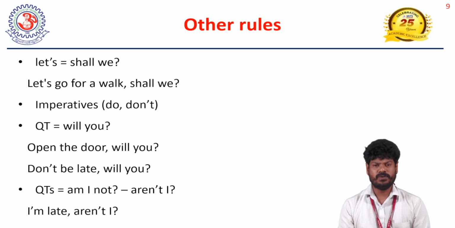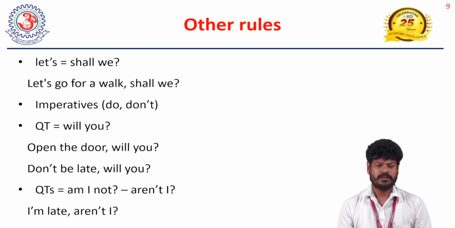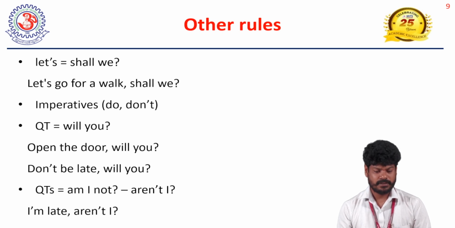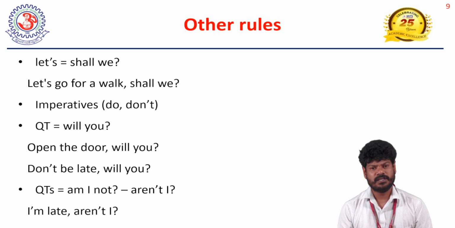Apart from all these basic rules, there are certain other rules and let's have a look at it. In question tags, we should always remember for let's, it's always shall we. For example, let's go for a walk, shall we? Then in imperatives like do, don't, the question tag is always will you.